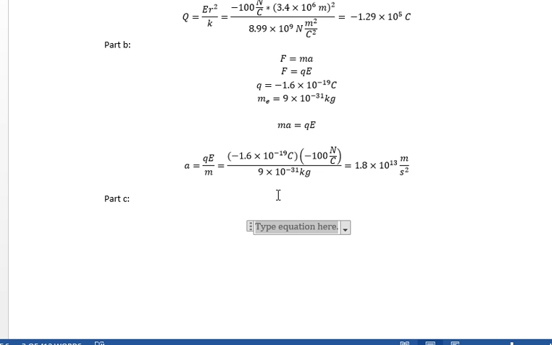So the force is still QE, but now we have a different mass. We want the acceleration to be equal to the gravitational acceleration on Mars, and QE is the same. So what we're looking for is the mass of an object that's supported by this field.